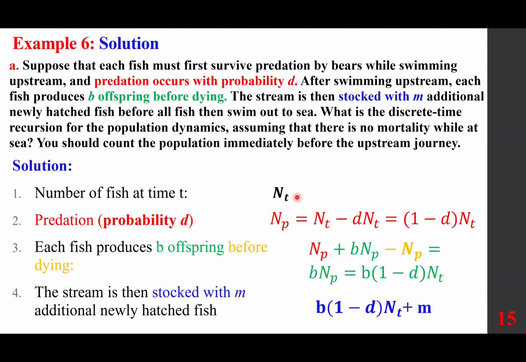So we have N sub T to begin with. If D is the fraction that is gone, 1 minus D is left, 1 minus D times N sub T. Then when they go up there, they create B offspring and they die. So simply put, this times B. And then we add M. We're done with part A.